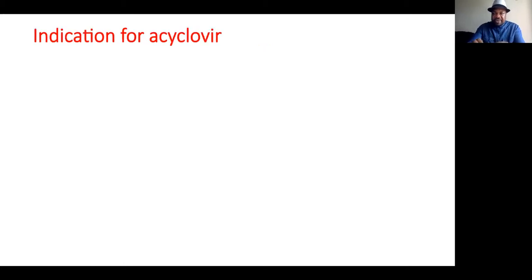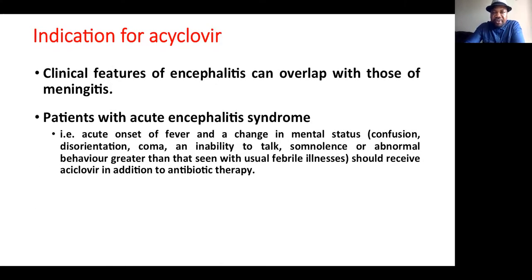In terms of treatment, I just want to emphasize more on the indication of acyclovir, okay? Acyclovir should be indicated mainly in patients who present with encephalitis, and we should be aware that clinical features of encephalitis can overlap with those of meningitis.